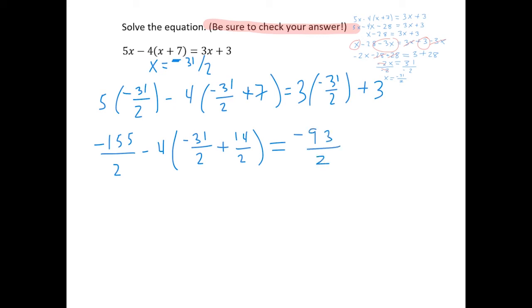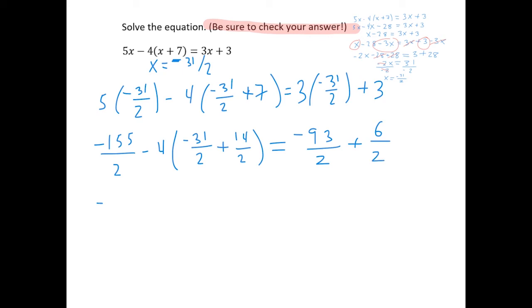And I'm going to go ahead and get a common denominator between the negative 93 over 2 and this 3. Well, the least common denominator would be a 2. So that's going to be plus 6 over 2. All right, moving on.